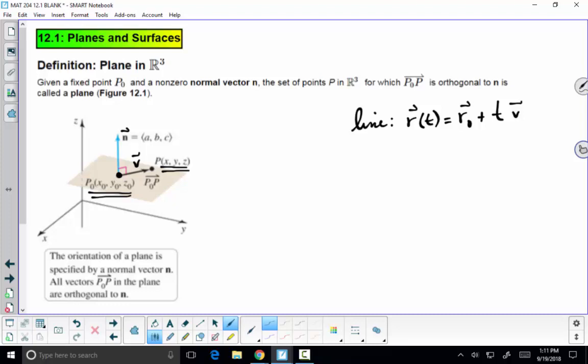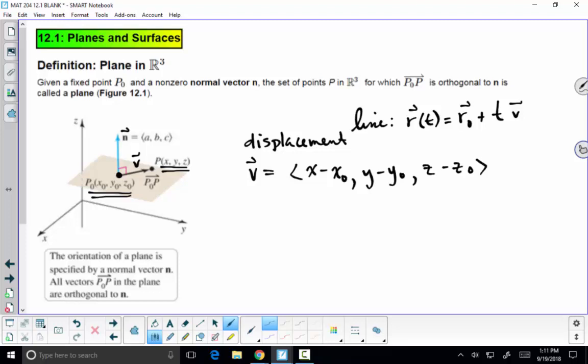So we build a general displacement vector in the plane, found by doing tip minus tail. The tip of the vector is at this unknown point, so we get x minus x naught, y minus y naught, z minus z naught. That displacement vector is in the plane.